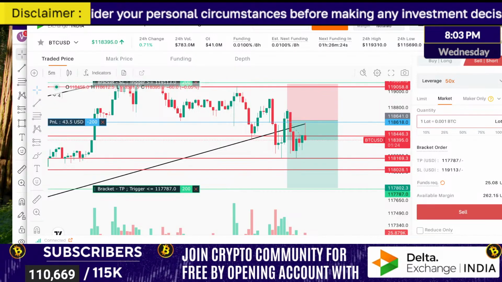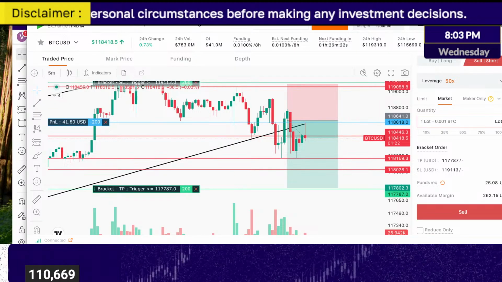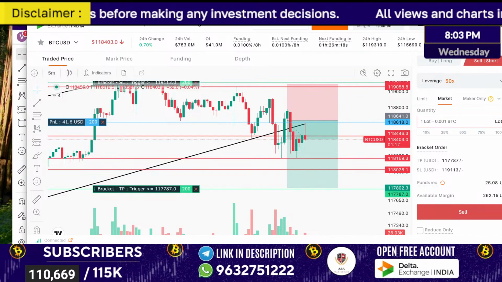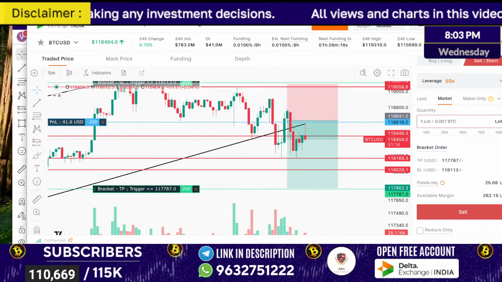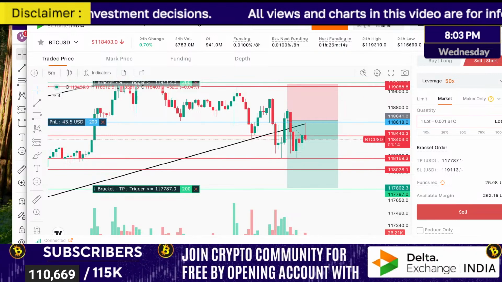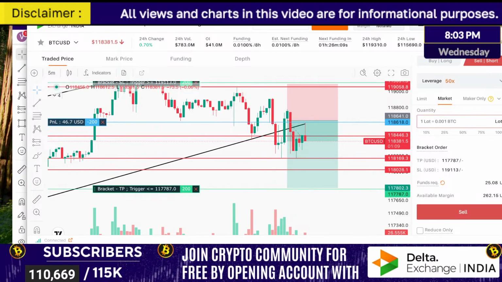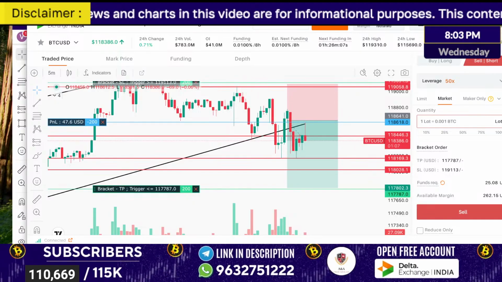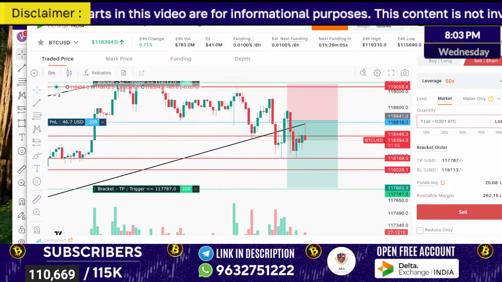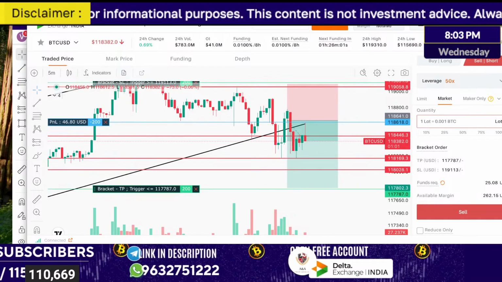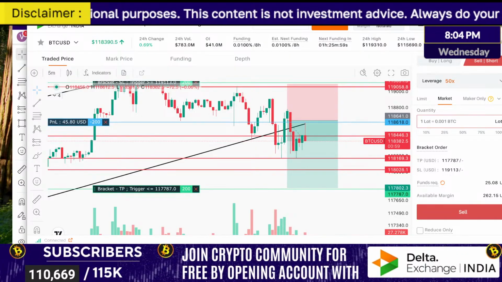What is the liquidation heat map saying? Symbols. There was liquidity, so the market has gone to grab that.